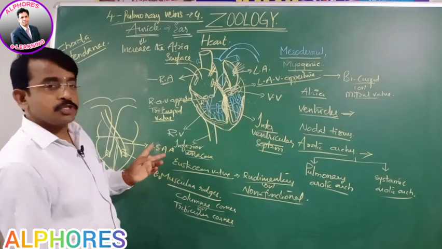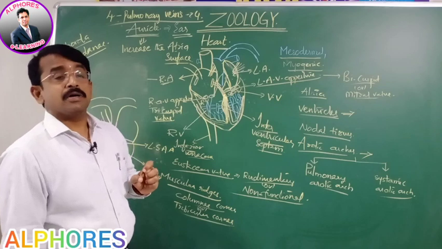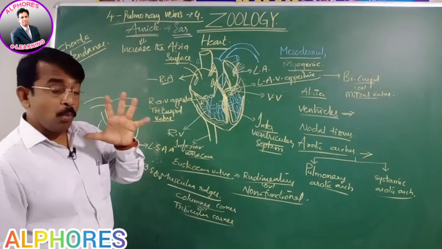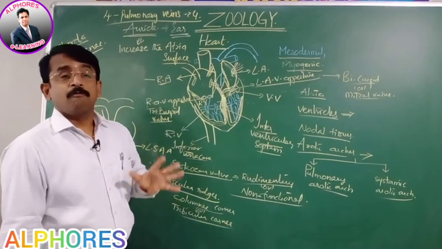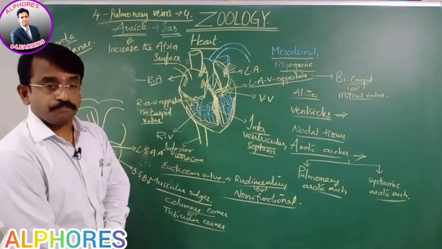So these are the two types of valve. In adult human beings, there are five valves we came across. However, four are functional in the adult, and one is vestigial.